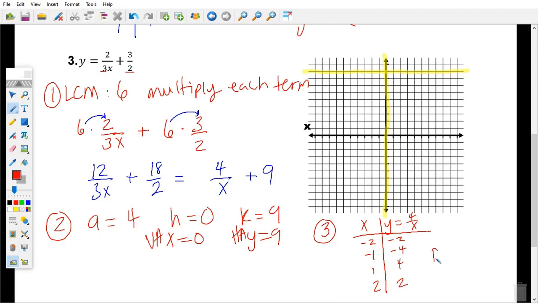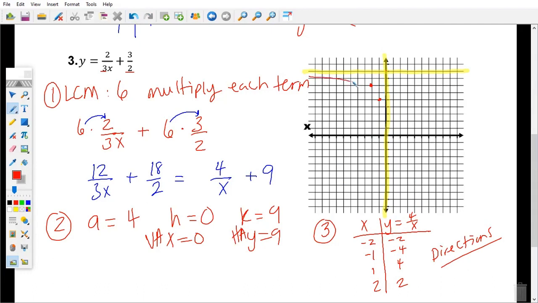Again, these are my directions. That's all ordered pairs really are. They're your direction from your starting point. But since we're not starting at the origin, we're starting here. So I'm going to go left 2 and down 2. Left 1 and down 4.